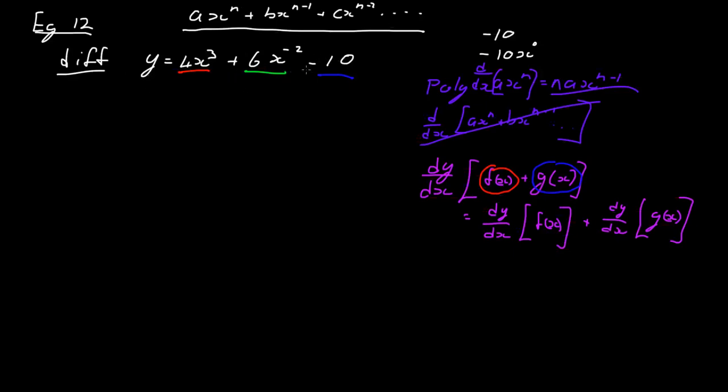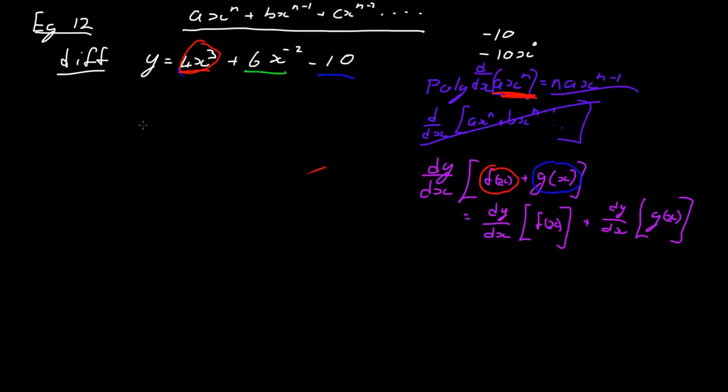So let's differentiate it, because now we can differentiate this one by itself. And we know how to differentiate it because it just follows that rule. This one by itself, which is also part of that rule, and this one by itself, also part of that rule. Actually, this one doesn't follow that rule.